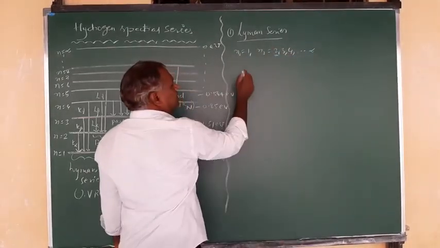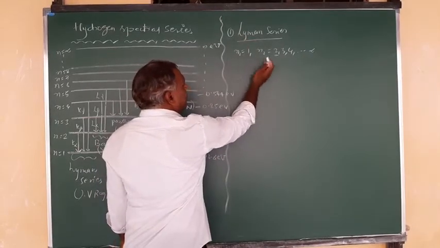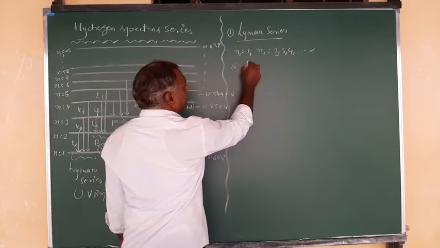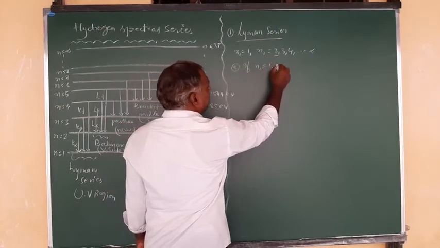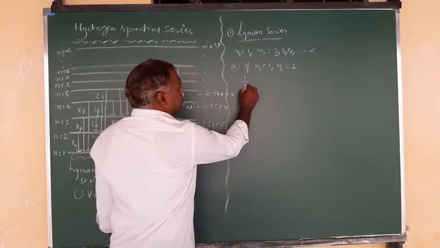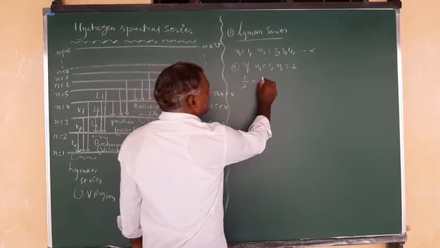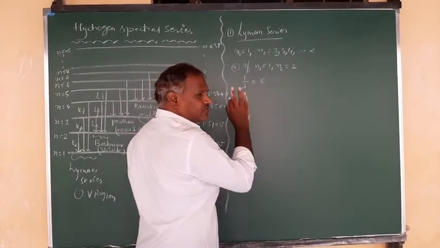For the Lyman series, take n1 equal to 1 and n2 equal to 2. Then 1 by lambda, that is the wave number, is equal to R Z square, 1 by n1 square minus 1 by n2 square, in meter inverse. Z square is 1 square, 1 only.